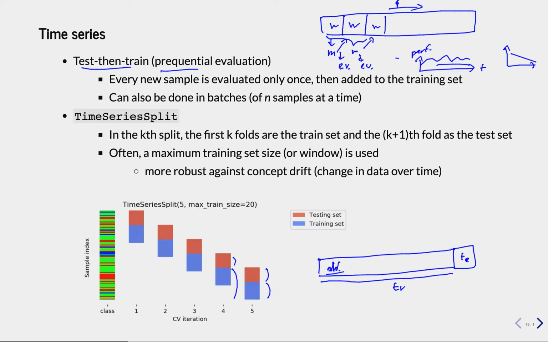So instead, what we could do is to set a maximum training size or window size. We basically say, well, we will look back into the past, but no longer than some number W of instances. And so we forget about this data, and we only train on the last W points.